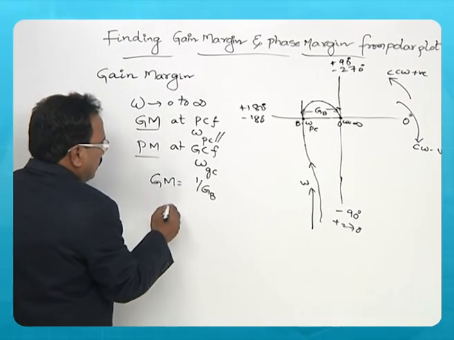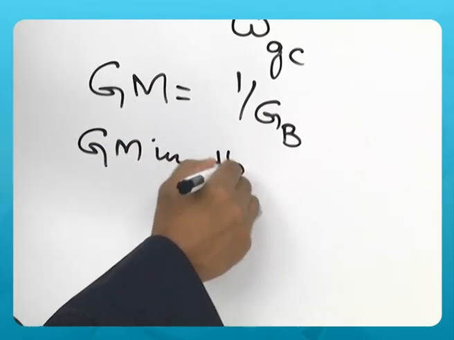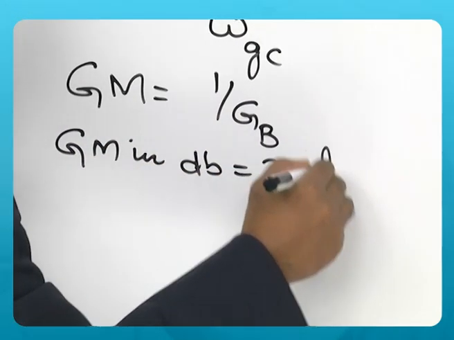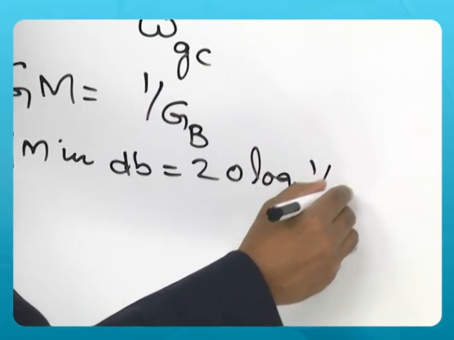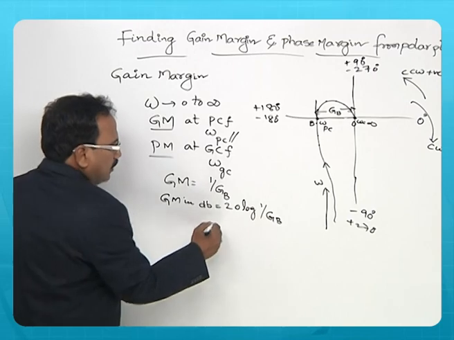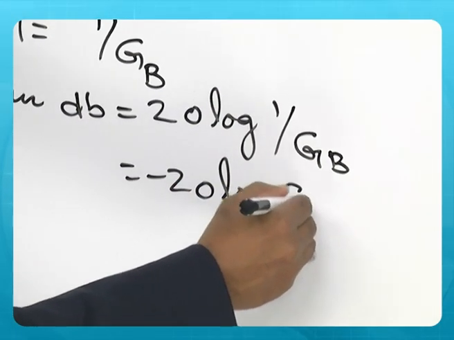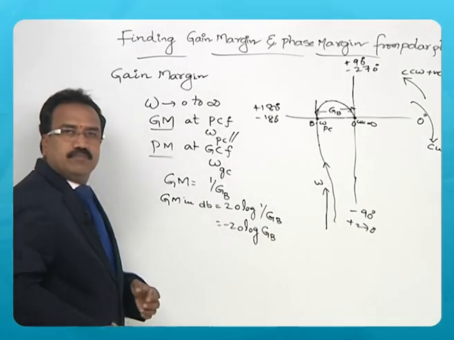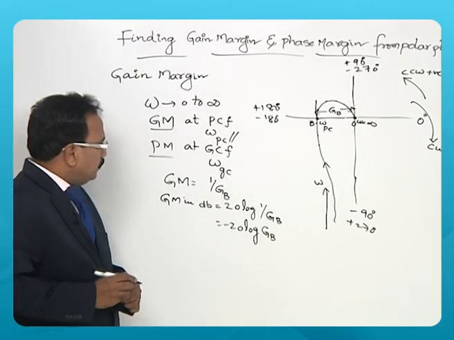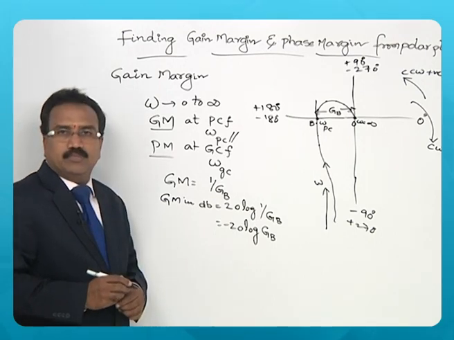Normally the gain margin is expressed in decibels. So, it is 20 log 1 by GB, which can be written as minus 20 log GB, shifting the denominator term to the numerator. So, gain margin in decibels is minus 20 log GB.